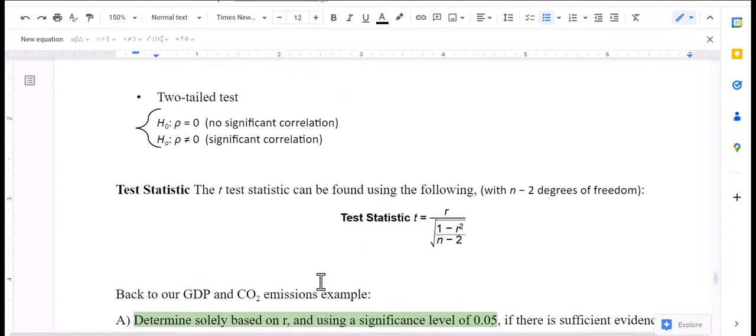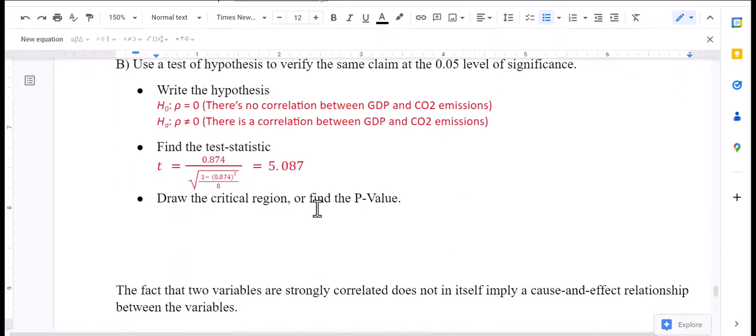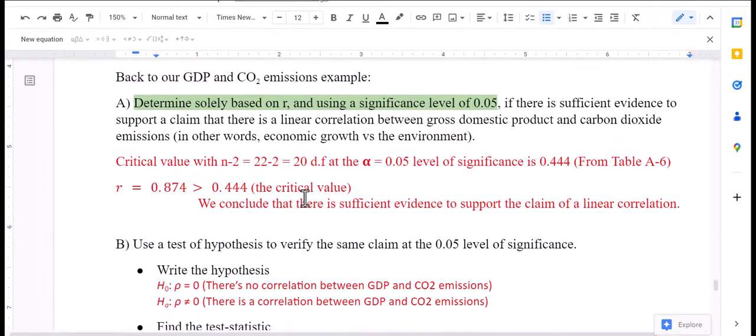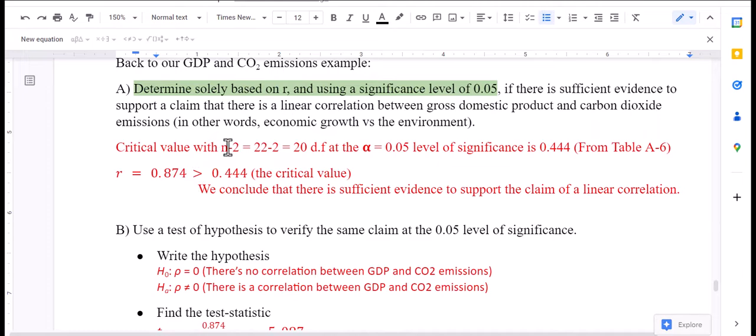And finding the t statistic, we look at this: r over the square root of 1 minus r squared over n minus 2 degrees of freedom. Actually, I just realized as I was calculating this that I stated the degrees of freedom wrong here. Our n is 10. I was thinking of the TV life problem where we had 22 countries, but here we only had 10 countries, so that will be 8 degrees of freedom.